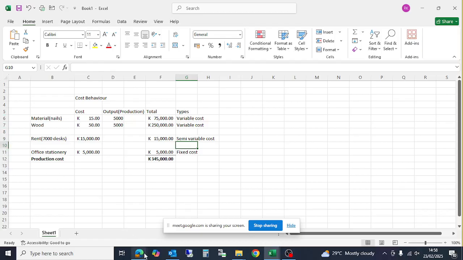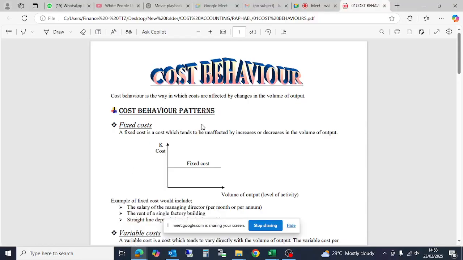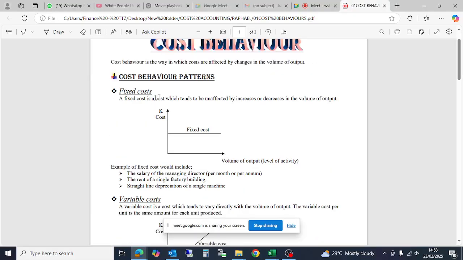Okay, let's go to what our PDF document is telling us. A fixed cost is a cost which tends to be unaffected by increases or decreases in the volume of output. By volume of output, we are basically talking about our production.